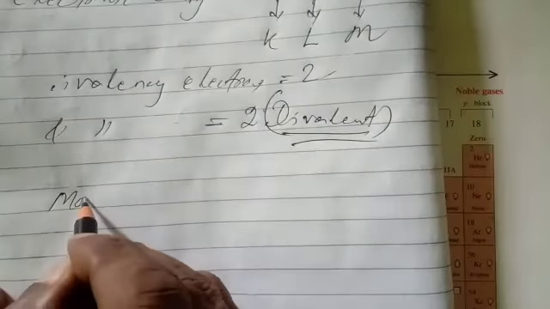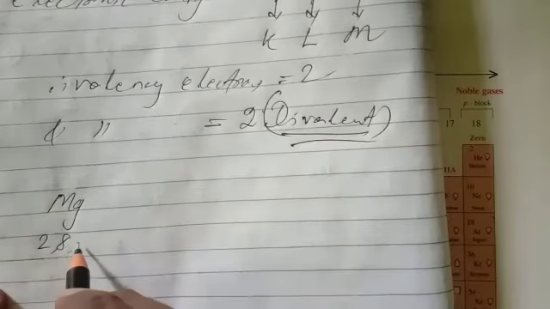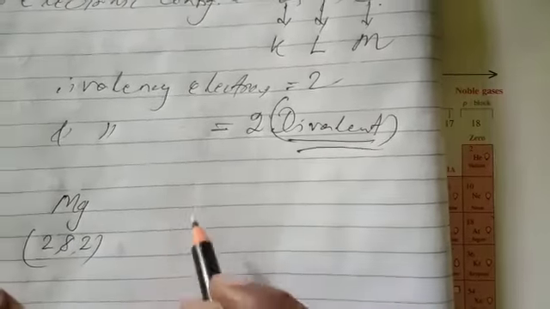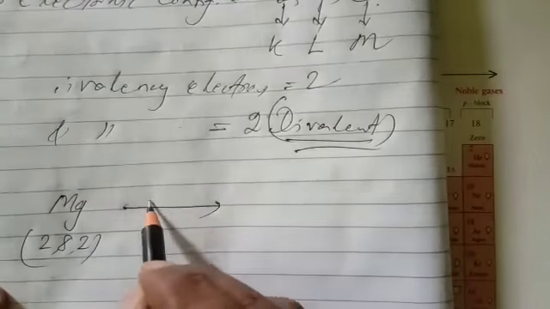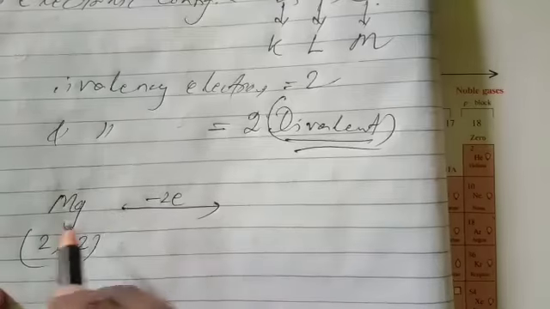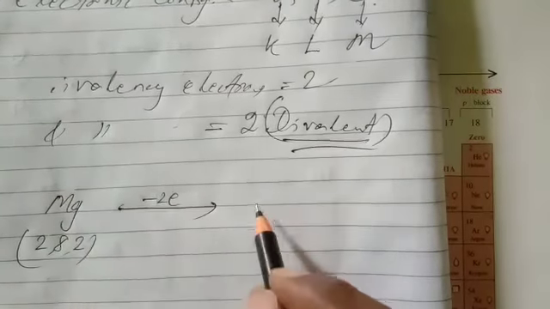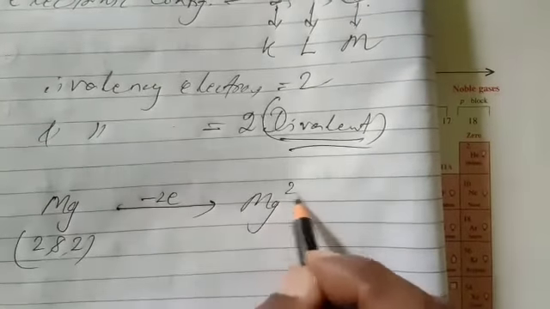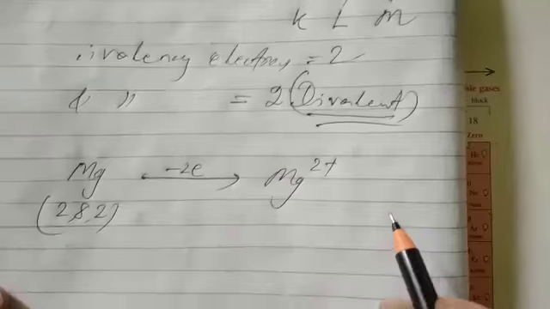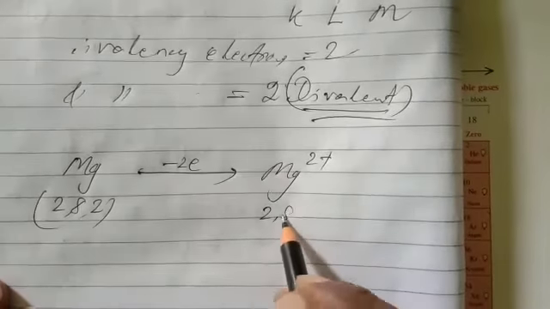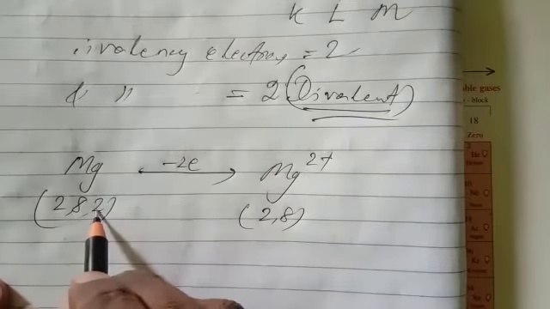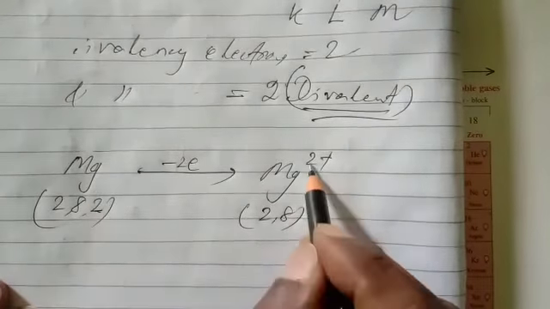See, magnesium electronic configuration is 2, 8, 2. If it donates 2 electrons, that is, 2 electrons are removed from the magnesium outermost shell, it will become magnesium 2 plus. Positive ions will be formed, and the configuration will be 2, 8, because the last 2 electrons are donated by magnesium, becoming 2 plus.